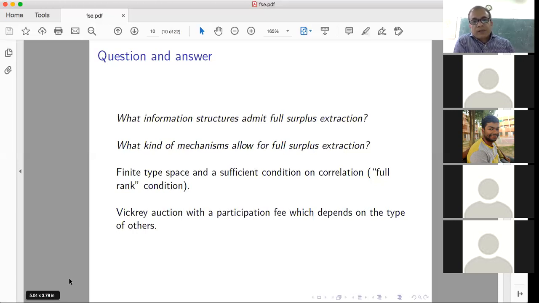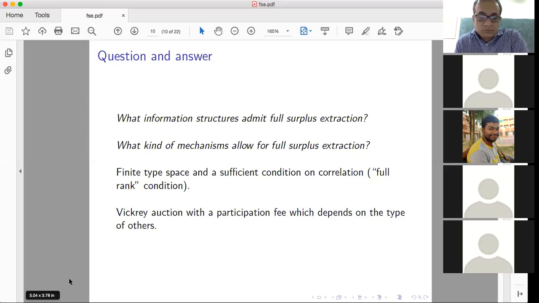They have to decide on entering the auction knowing only their own type and forming expectations over others' types. With correlation, this expectation depends on your own type, and we are going to play with this correlation to extract the full surplus.